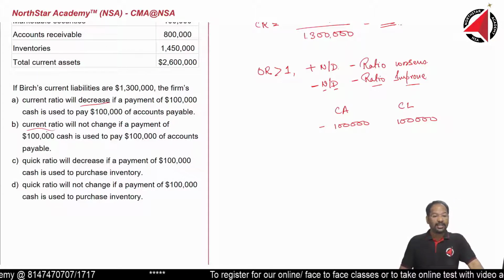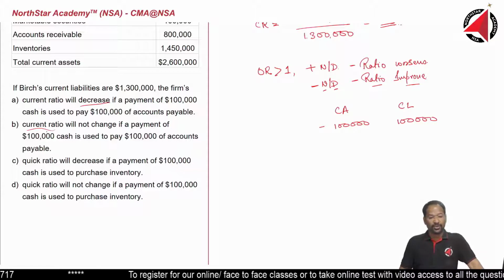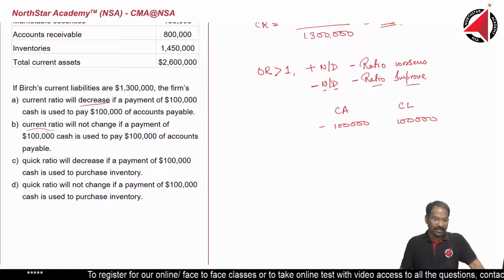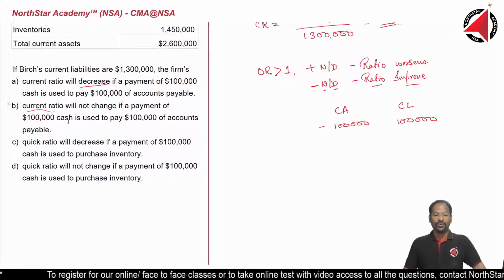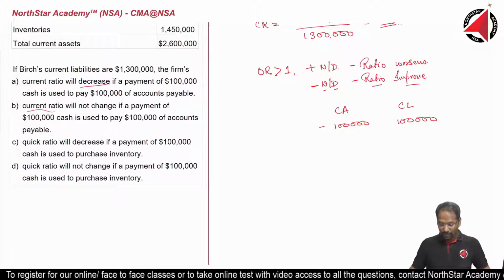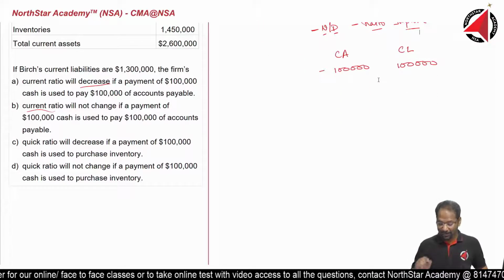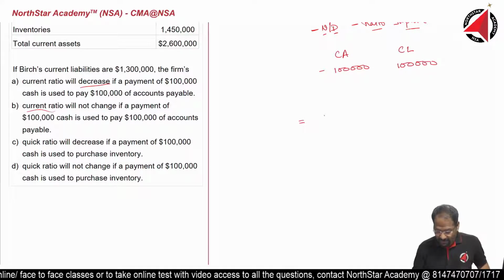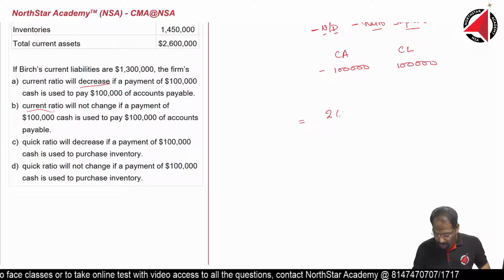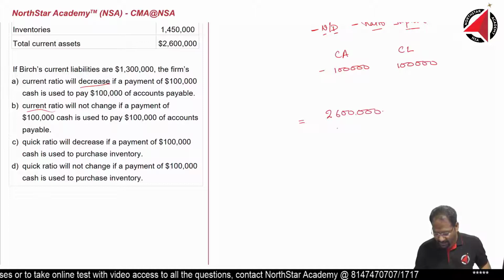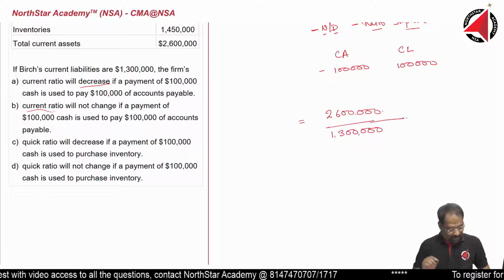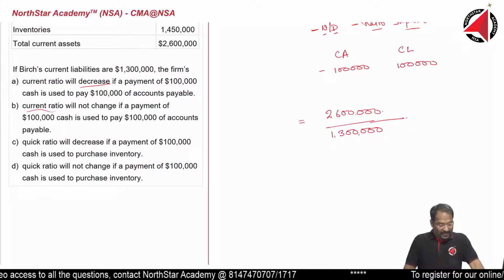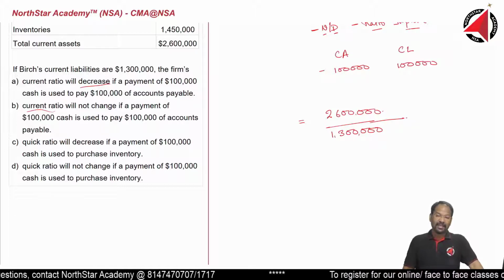Option C: quick ratio will decrease if a payment of 100,000 cash is used to purchase inventory. To understand this more clearly, let us take an example. Our current ratio is 2, or 2.6 million divided by 1.3 million. It says quick ratio will decrease if a payment of 100,000 cash is used to purchase inventory.